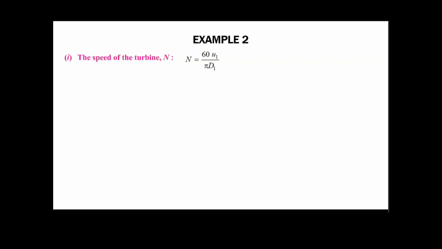So write down that the speed of the turbine can be calculated using this expression, N equals 60 U1 over pi D1. This is a common expression for a Francis turbine or for turbines. So from here we know that we have the information pi and D1, but we don't have U1.